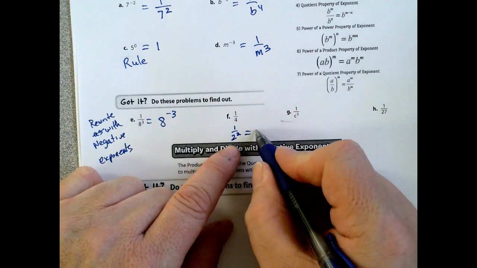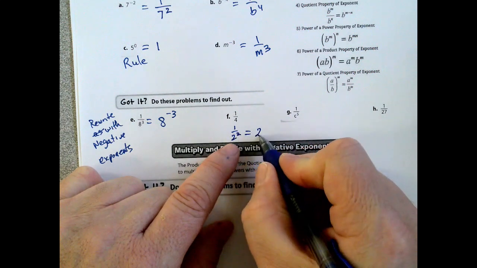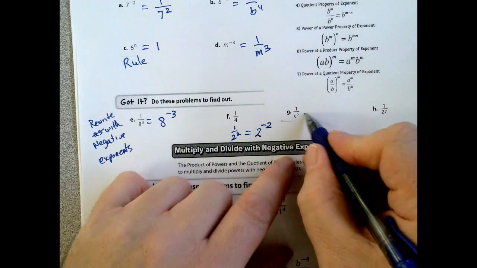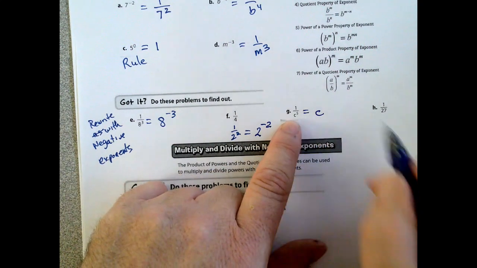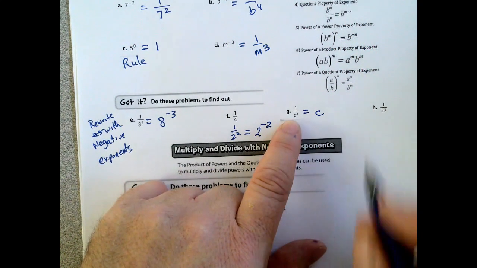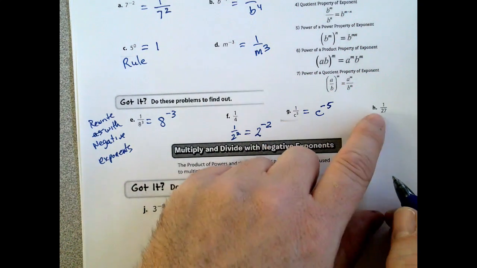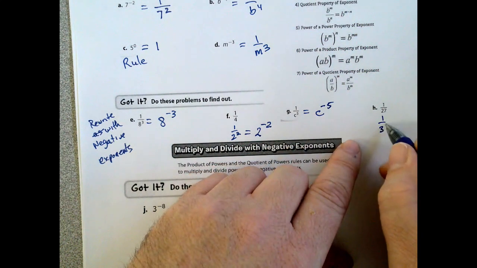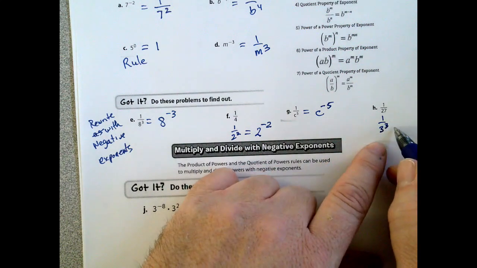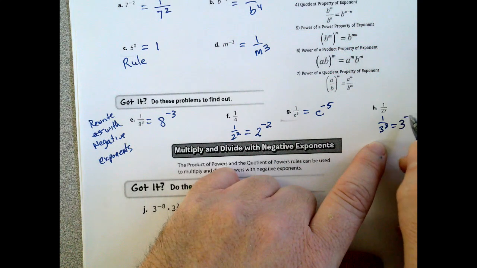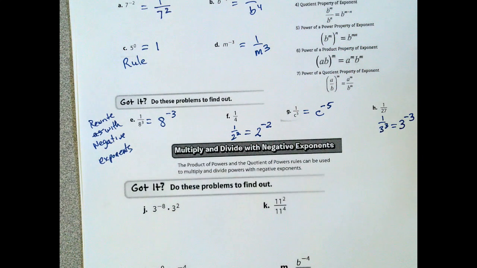What does it become? Push it to the numerator. What do I do to the exponent? Negative 2. What do I get here when I put c in the numerator? C to the what? Negative 5. Here is 1 over 3 cubed. Now I want to rewrite it as a negative exponent. 3 to the what? Negative 3.